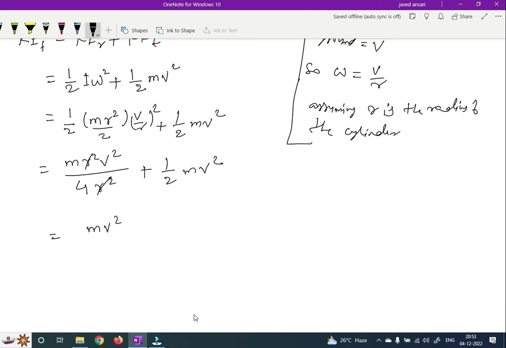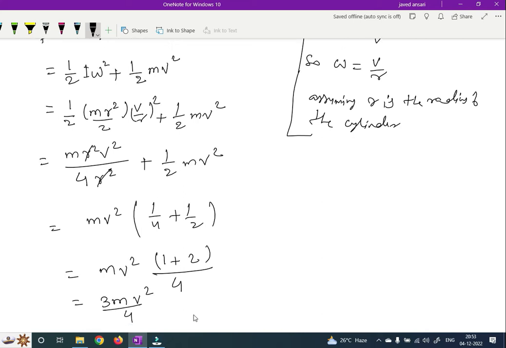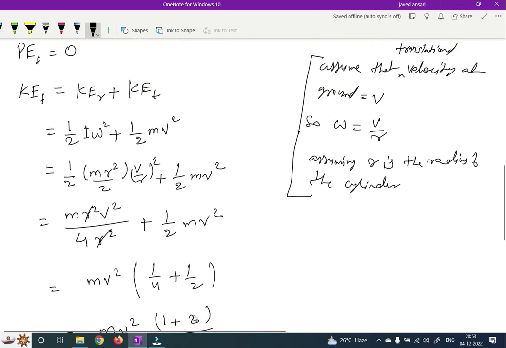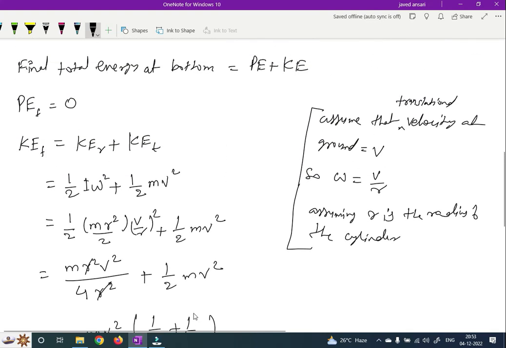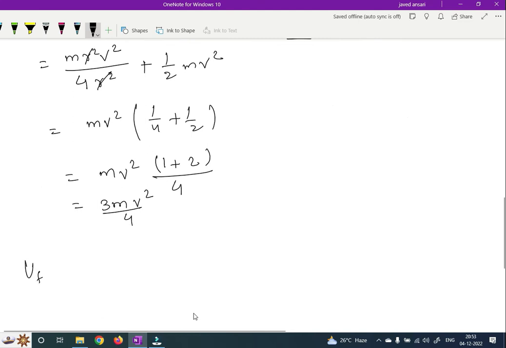Let's take mv square common, which will become 1 by 4 plus 1 by 2. This is plain mathematics: taking the LCM 4, it will become 1 plus 2, so this will become 3 mv square by 4. So this is the final energy. The final total energy UF will be PEF plus KEF, 0 plus 3 mv square by 4.